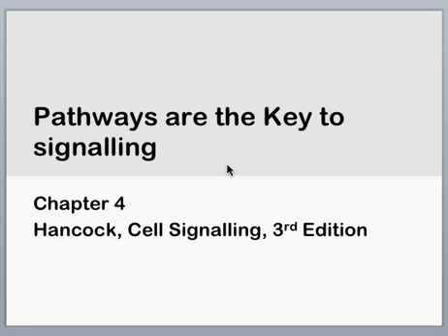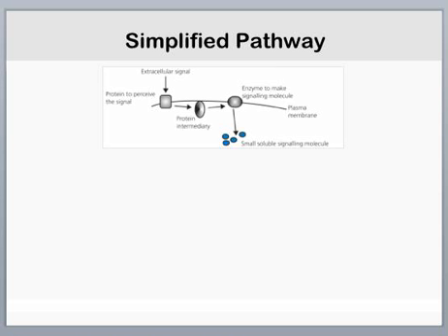So, quickly looking at Chapter 4. Chapter 4 presents a simplified pathway, and in this example we have a signaling molecule binding to a receptor.